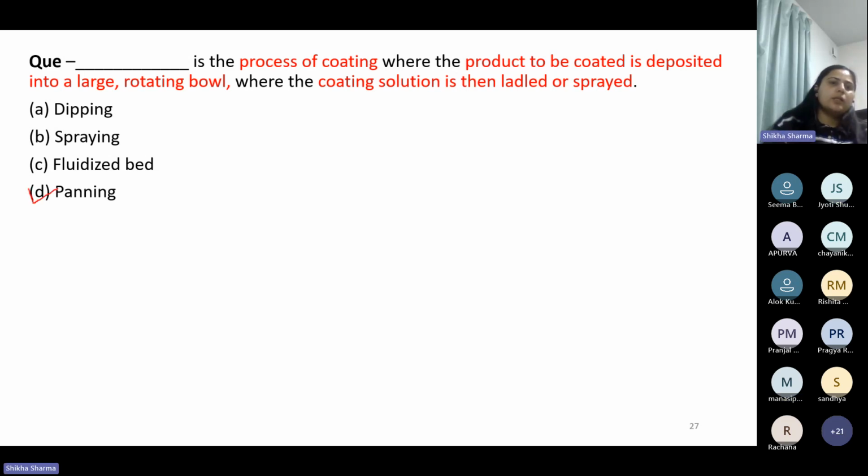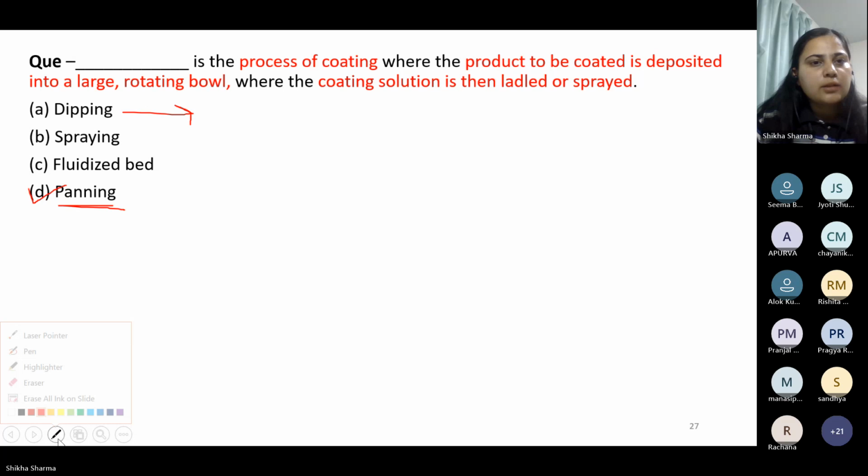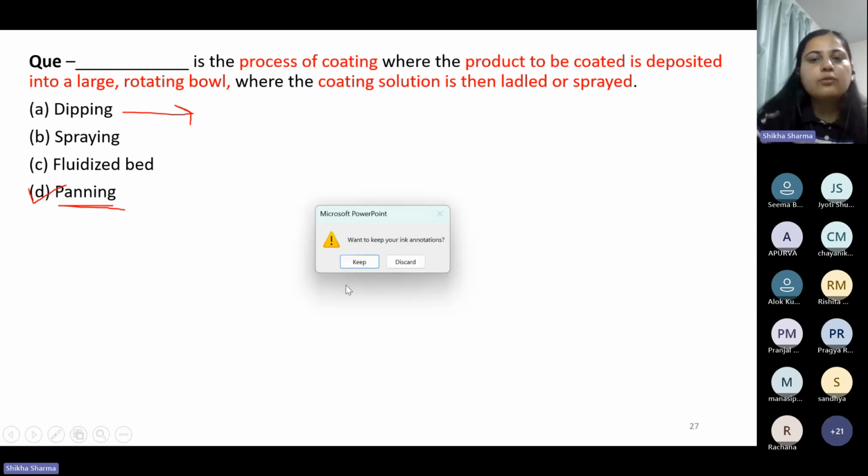So what happens in dipping? Anyone, please? We have to dip the substance to be coated in a solution. Correct. And then spraying. Other people, please. Everyone will tell one each.